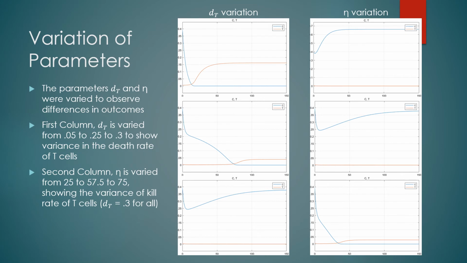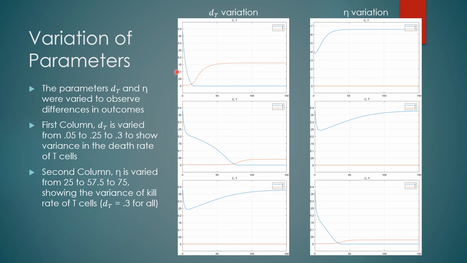And so then in that same untreated system, I varied dt, that death rate of T cells, and eta, the rate at which T cells kill cancer cells, to see how the system would respond. In this first column, you have dt of 0.05, 0.25, 0.3.